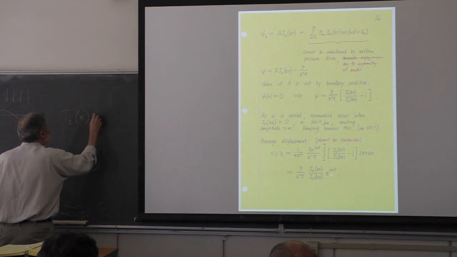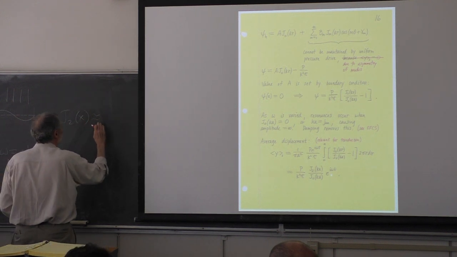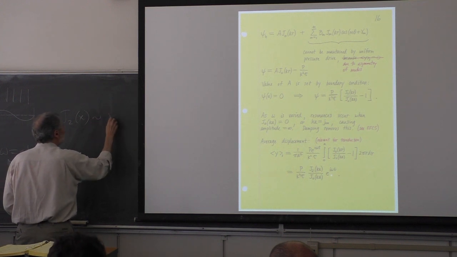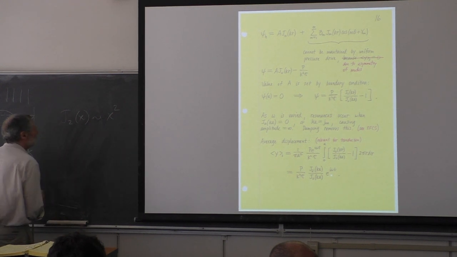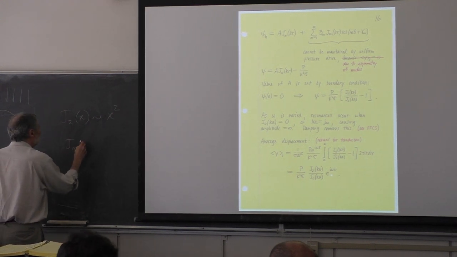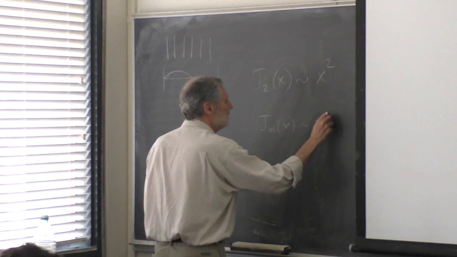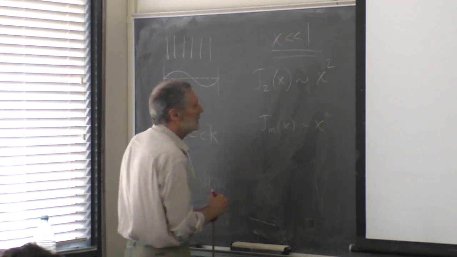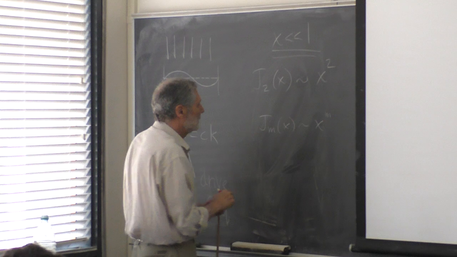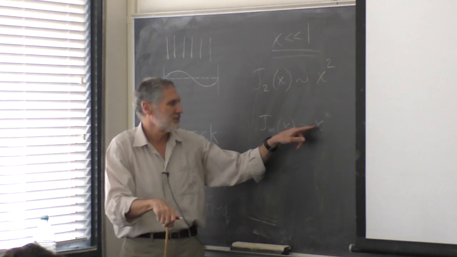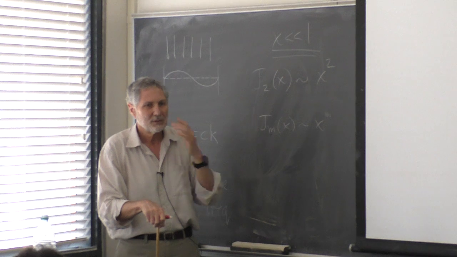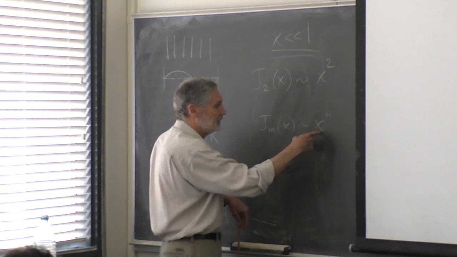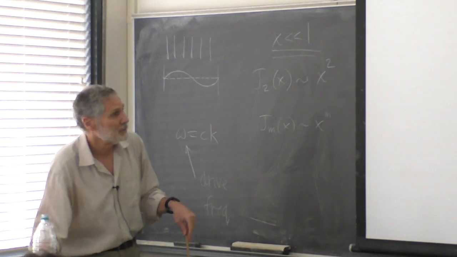J2 of x is going to approximately be proportional to x squared. In fact, Jm of x is going to go like x to the m. And this is for x small. When you get close to the origin, it's going to go like this. And this actually works for m equal to 0, because what's x to the 0? It's just 1. So the fact that the Bessel function of order m has a 0 of order m at the origin, it's easy to remember, and it's useful.